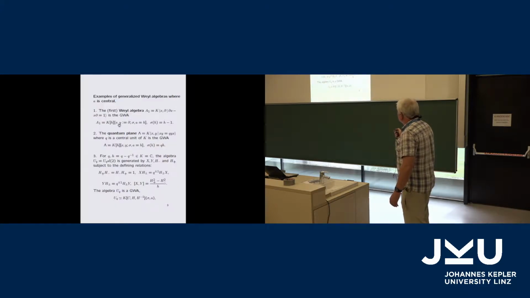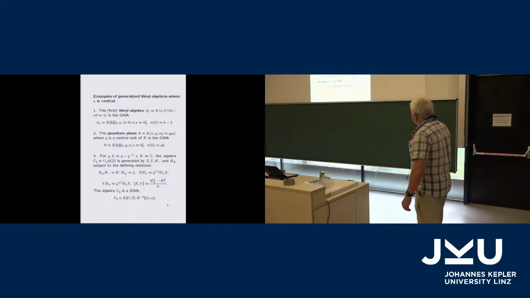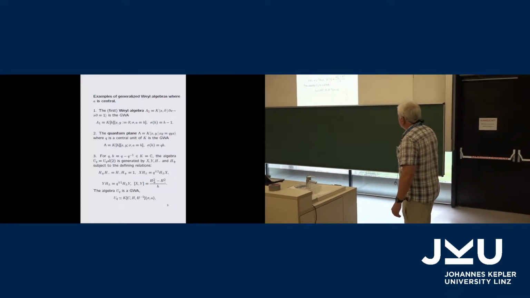So let me give a flavor of these presentations for classical algebras. The name came from Weyl algebras, and the presentation as a generalized Weyl algebra is the following one. We have two canonical generators whose commutator is equal to 1.